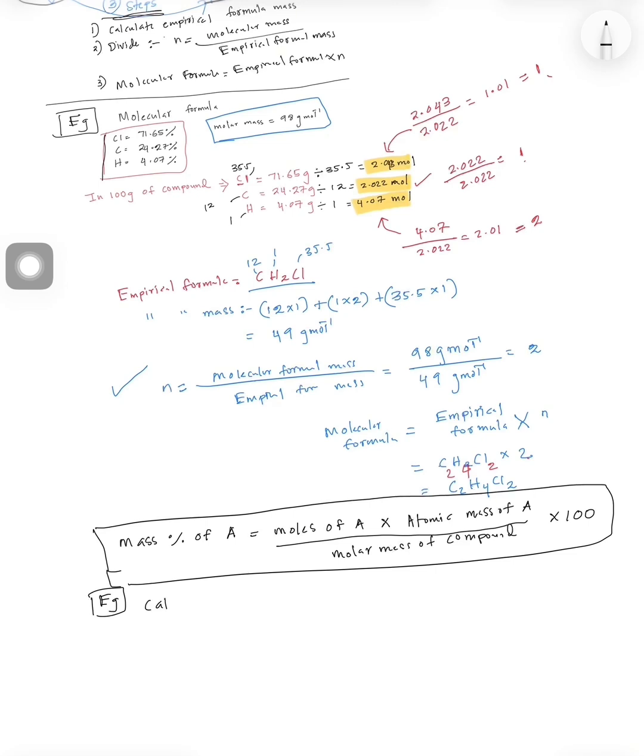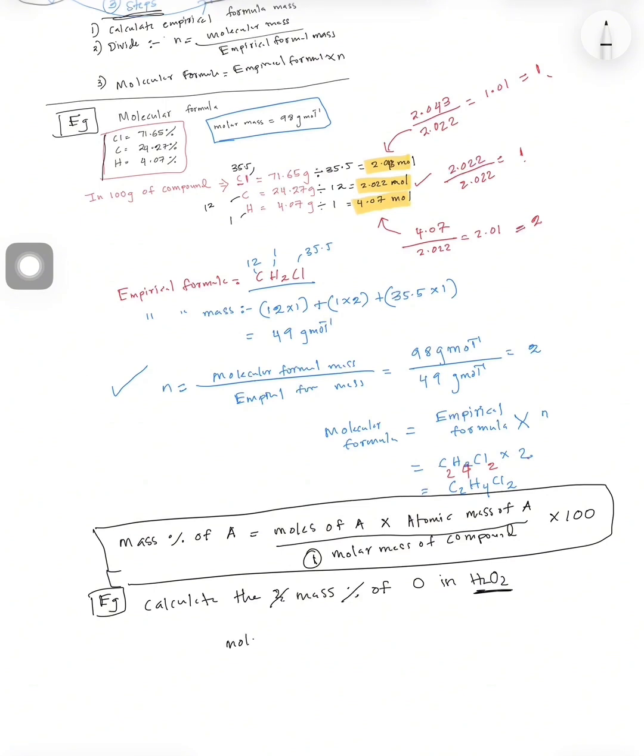Now the question is: calculate the mass percentage of oxygen in H2O2. What you have to do is find the molar mass of the compound. So what is this compound? H2O2.